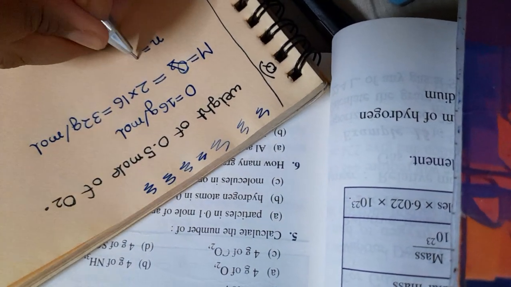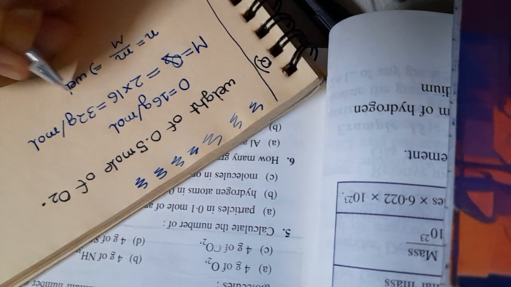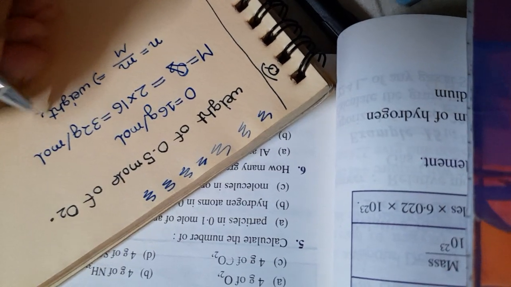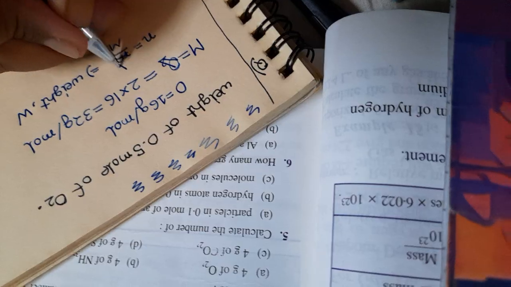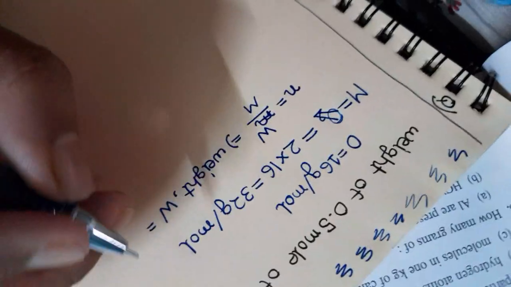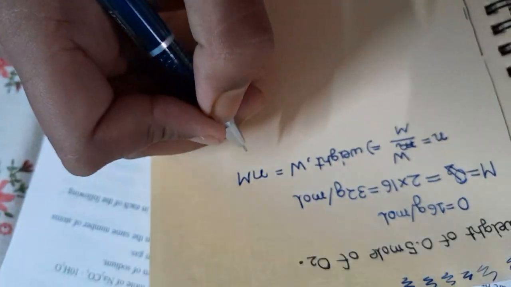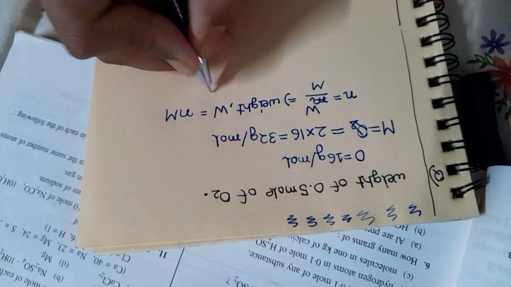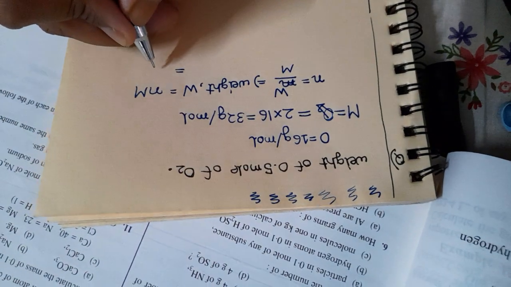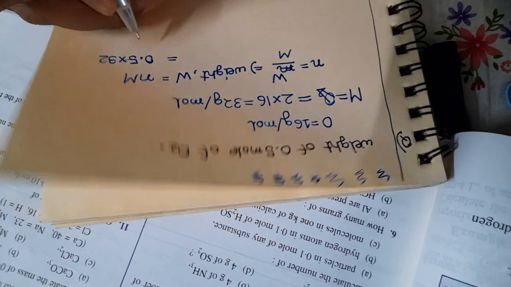So we know n is m over M. So weight, W over M. Weight is represented by capital W. So you can write W is 0.5 into 32.